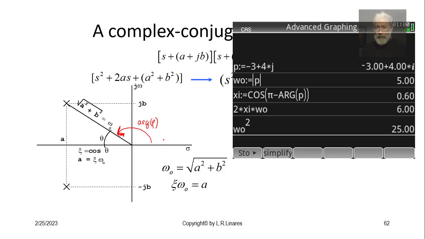The absolute value is omega naught, that is 5. That's going to be the corner on the approximated Bode plot for the amplitude. Psi, the damping factor, is the cosine of pi minus the argument of p, that is 0.6. So the coefficients of the trinomial are 2 psi omega naught, that's going to be 6, and omega naught squared, the independent term, that is 25. So that trinomial has to be s squared plus 6s plus 25.